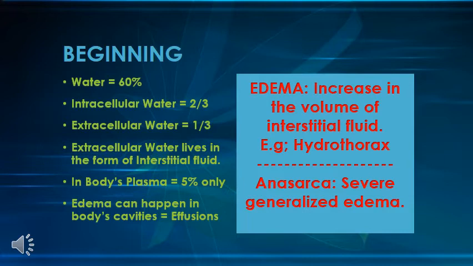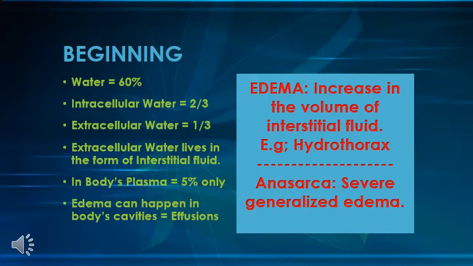It means, from this definition you can easily understand that fluid is already present, but in a limited or controlled quantity. But if fluid volume gets increased abnormally in the interstitial spaces, then it will cause edema.